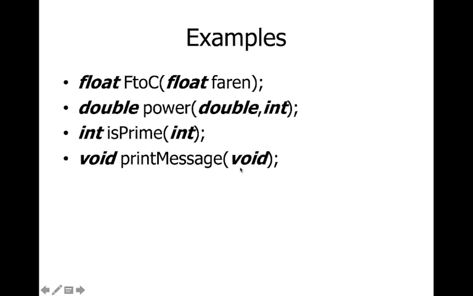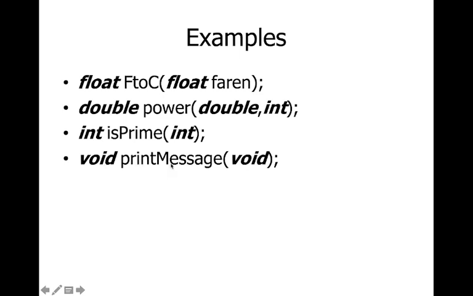Then void print message void. We have already seen void. Void means nothing will be passed. If you are not passing any value to the function, then it is void. It is not necessary that you write void here.